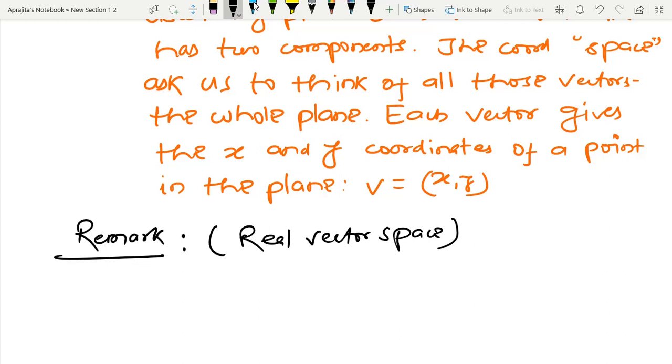Due to that reason, our inherent field inside the vector space is real numbers, so I add one more term with vector space, that is called real vector space. I am going to define it clearly in order to avoid any confusion.